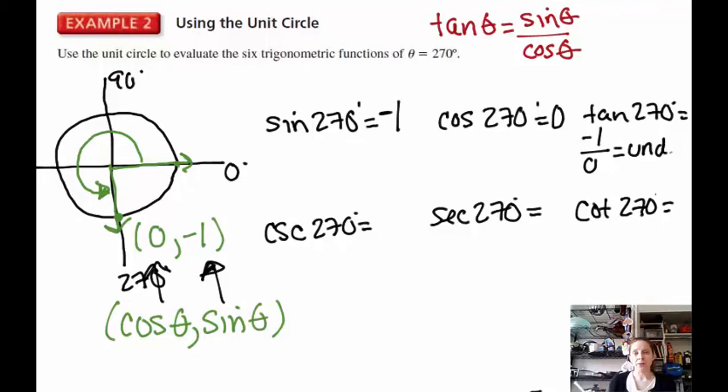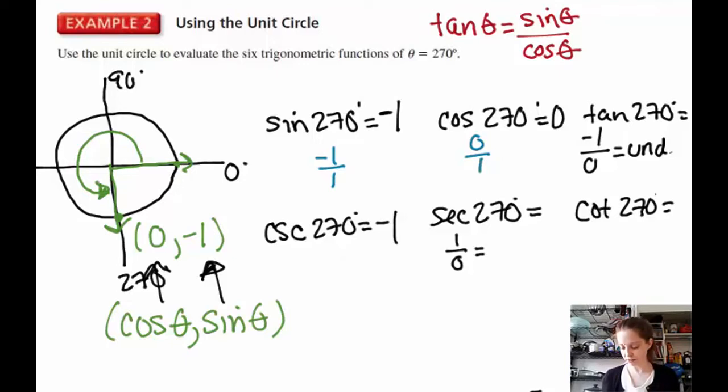Now I need to take the reciprocal of all the ratios in the top. It's going to help me to rewrite them as fractions. So let me say that this can be written as negative 1 over 1, which will be 1 over negative 1, which is simply negative 1. Cosine is 0 over 1, and if I flip that, I get 1 over 0.